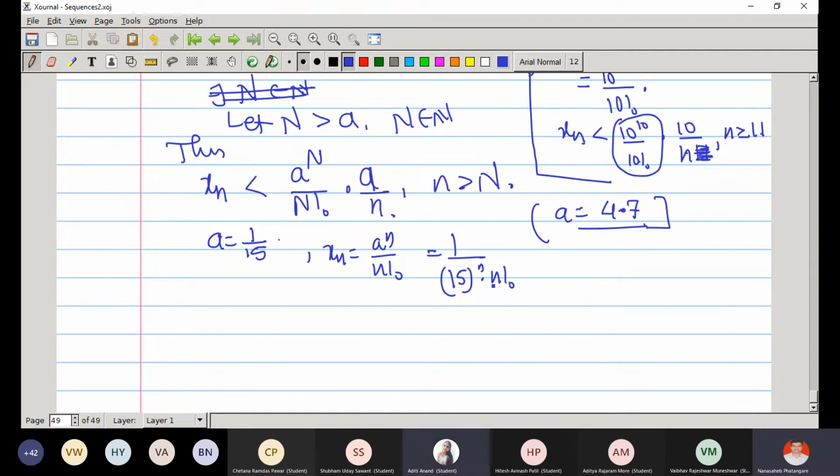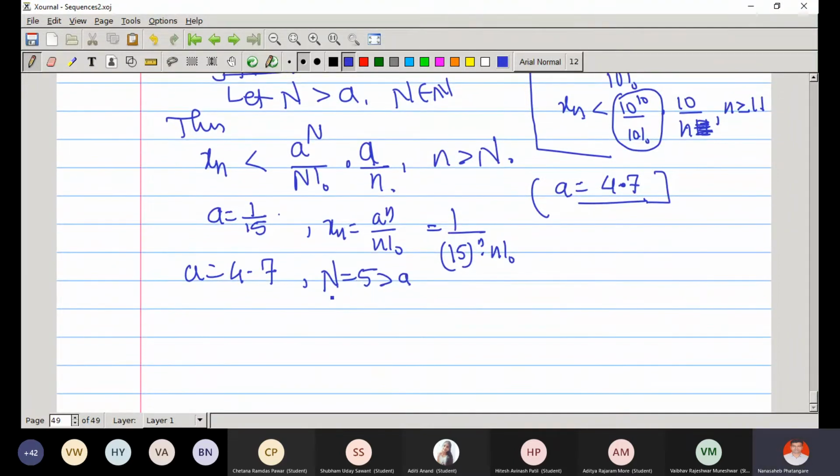Suppose a is equal to 4.7. I will take natural number n equal to 5, which is greater than a, or 6, no problem, you choose any one of them. Then look at xn, a to the power n upon n factorial.